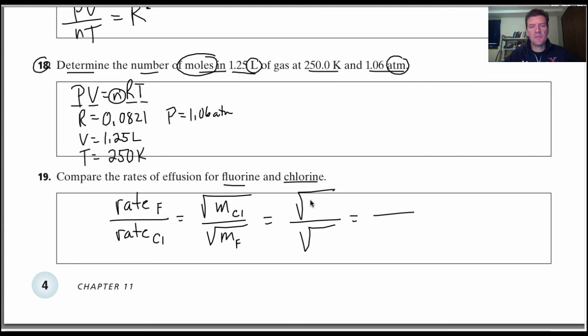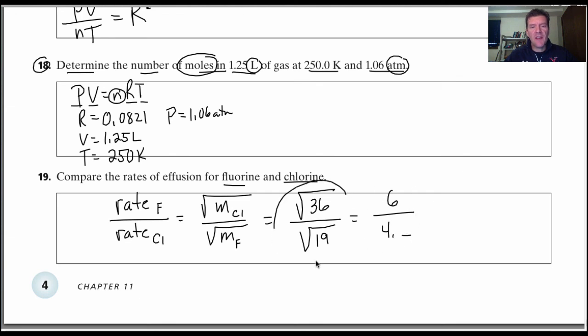So I'm just going to estimate here. Let's say that it's around 36. The mass of fluorine is around 19. So right here, you take the square root of 36, which is 6. The square root of 19, well, the square root of 16 is 4, the square root of 25 is 5, so it's in between that. So it's going to be 4 point something.